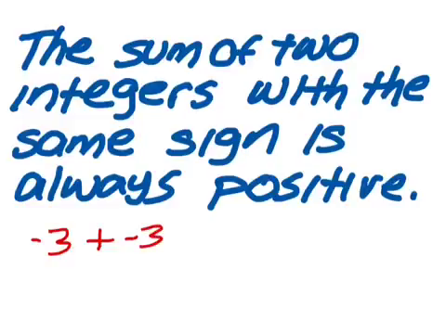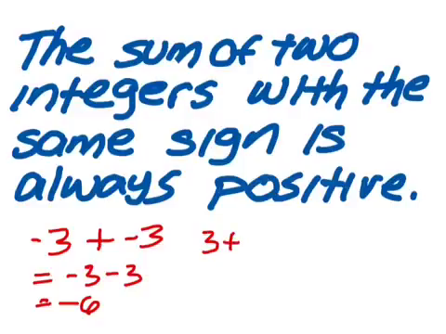This equals negative 3 minus 3, and so that's going to be negative 6. So that doesn't work, but 3 plus 3, these are both positives, equals 6. So no, that's not true at all.